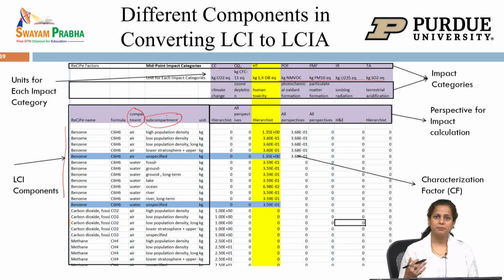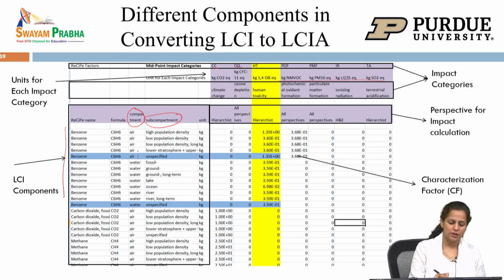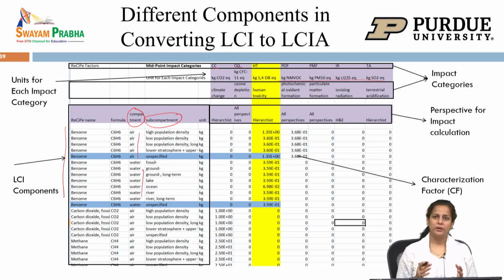If you have a benzene emission, it can go to your air, it can go to water. Whether your benzene is emitted to air or to water, it will have a different impact, and that is what this compartment is capturing.